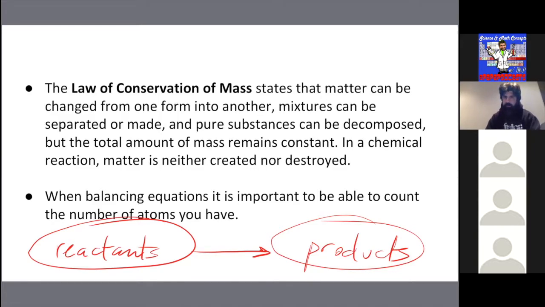We're not going to worry about the types just yet. All we want to look at is balancing, and in order to balance, we need to understand this law.